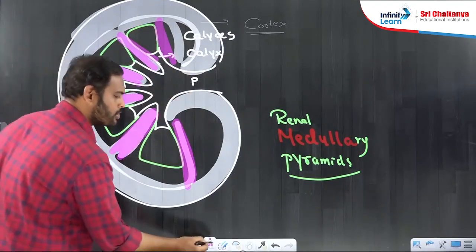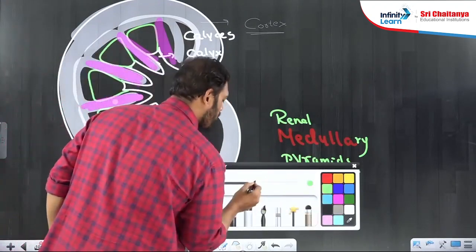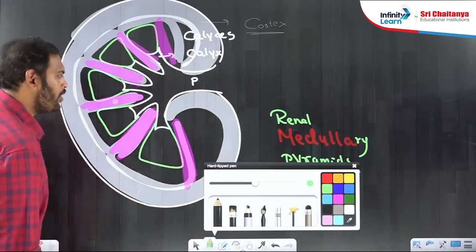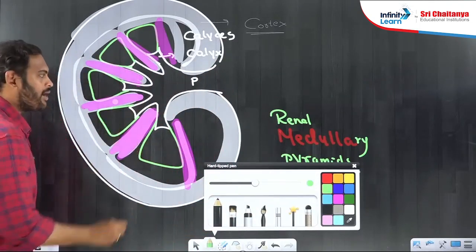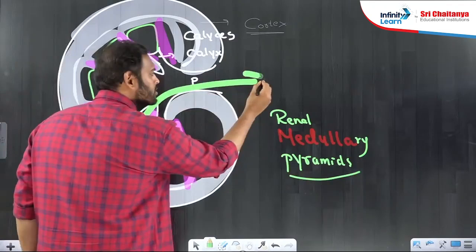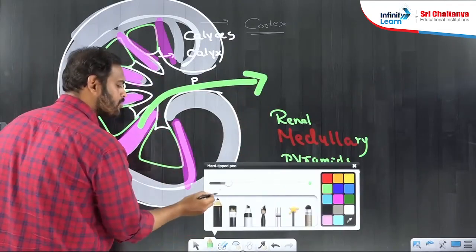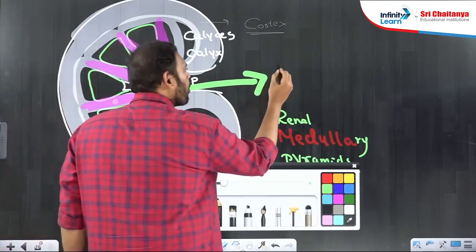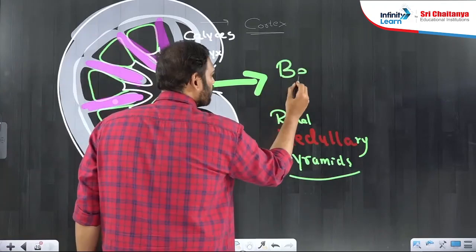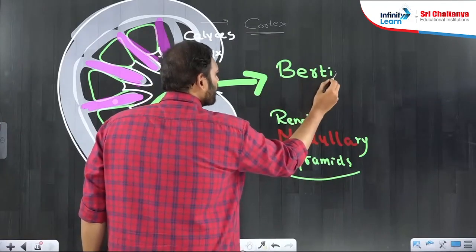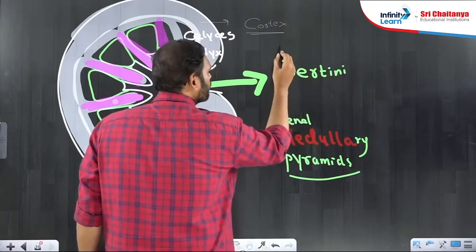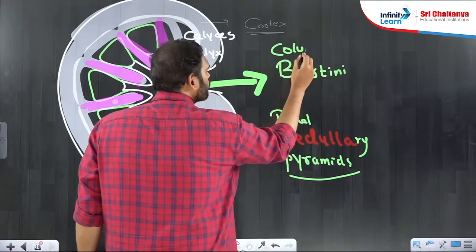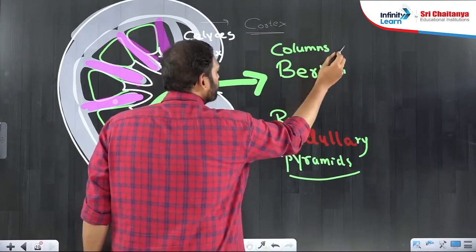These extensions of the cortex into the medullary region look like columns, and these columns are referred to as the columns of Bertin, named after the scientist who discovered them. Columns of Bertin.